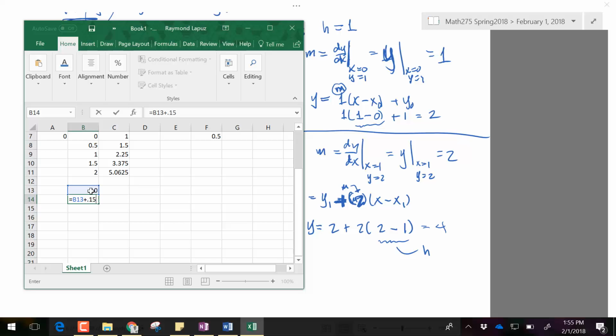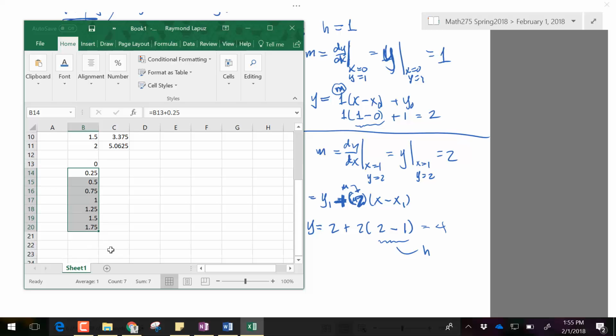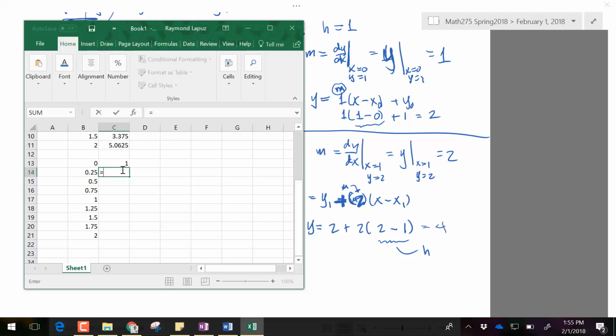Let's put 2.5. One more. So this is going to be 1, right? And then our formula again is the y plus the slope, which happens to be the y, times x minus the previous x.